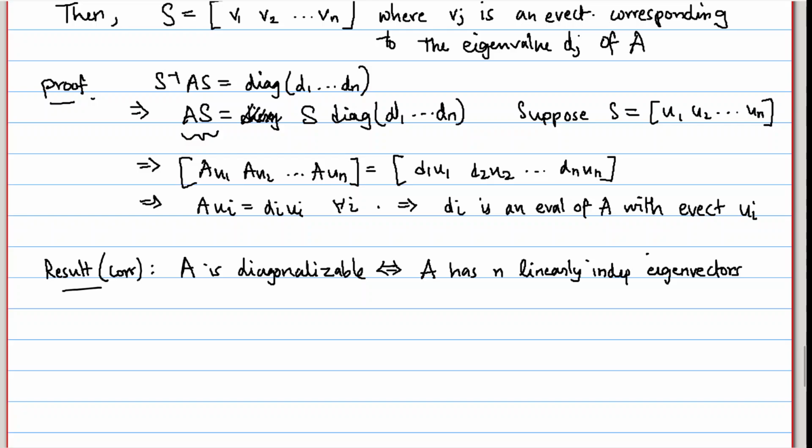One more thing we note is that this is all the eigenvalues. So sigma of A is said to be the spectrum of A, which means the set of all eigenvalues.